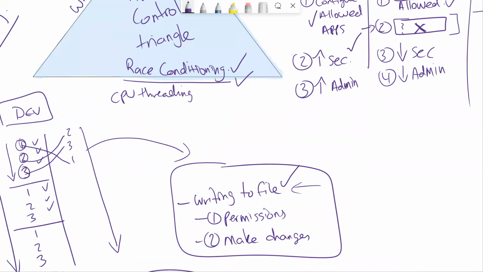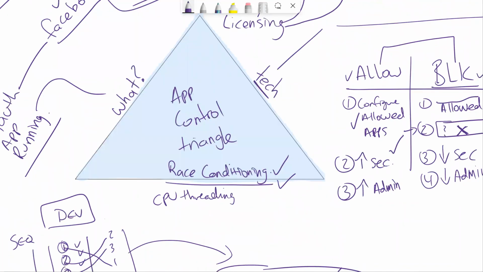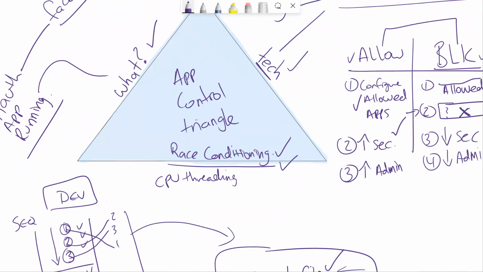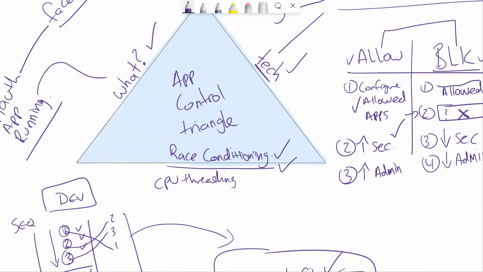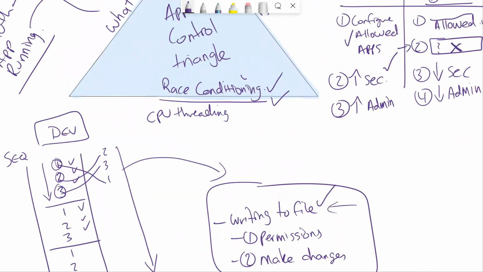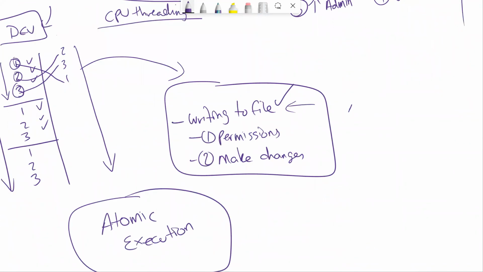Now, in this video, we've covered everything from application control in an overview session. We've discussed the what, and the technology that allows us to enable this. We've spoken about race conditioning. You can go away and look at race conditioning and some issues with it. Again, this is an overview where we discussed how applications are developed, CPU threading challenges, and some common issues with race threading.